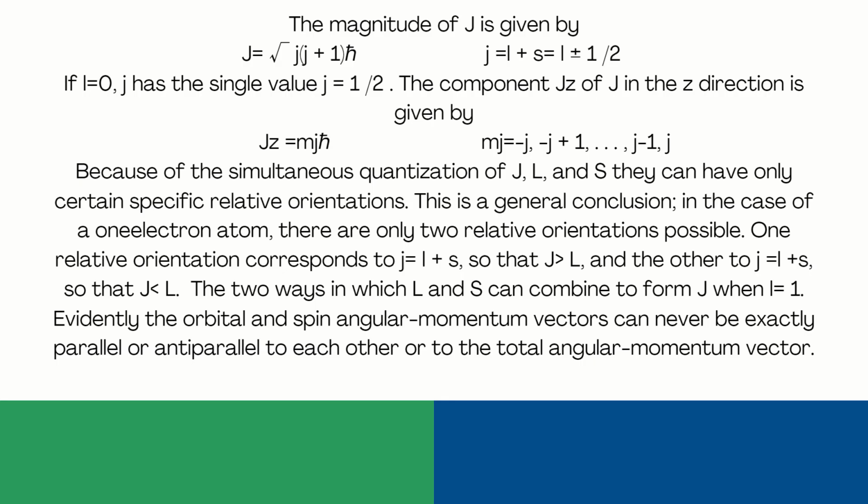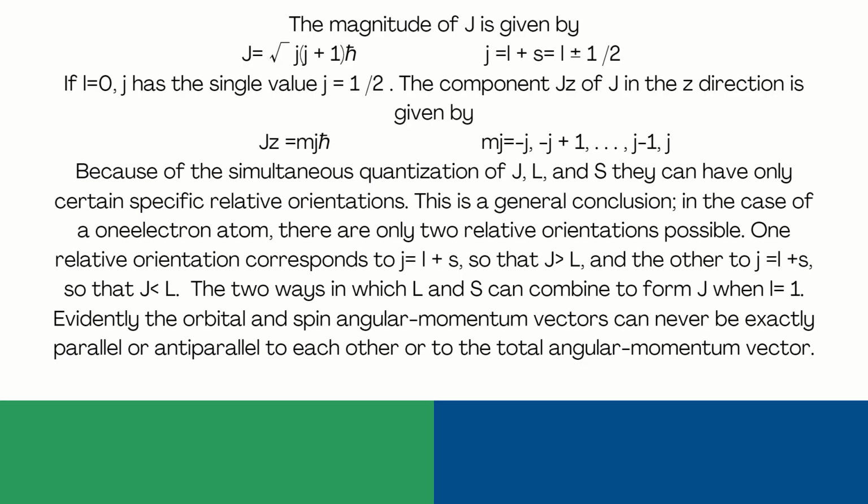The component Jz of J in the z direction is given by Jz equals mj h cross, where mj equals minus j, minus j plus 1, and so on up to j minus 1, j. Because of the simultaneous quantization of J, L and S, they can have only certain specific relative orientations.